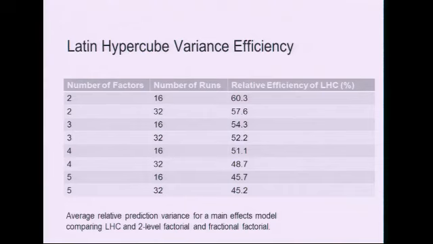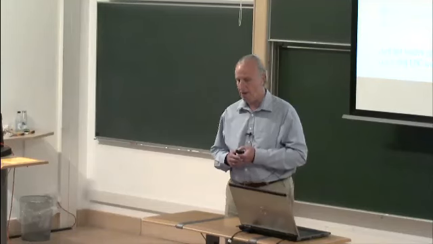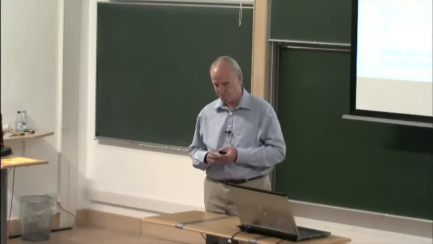Well, I've looked at 2 through 5 factors here, and for each number of factors I consider a 16 run design and a 32 run design, and I create a Maximin Latin hypercube and a 2-level factorial, and compare the relative efficiency of the Latin hypercube design to the factorial design just for the main effects model.